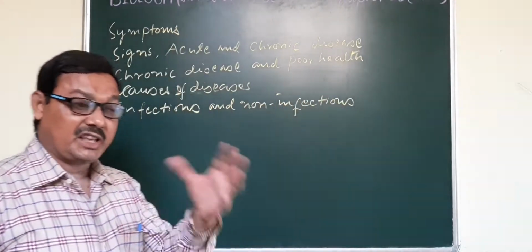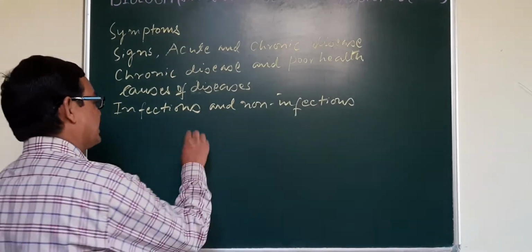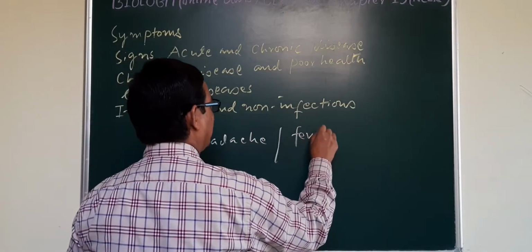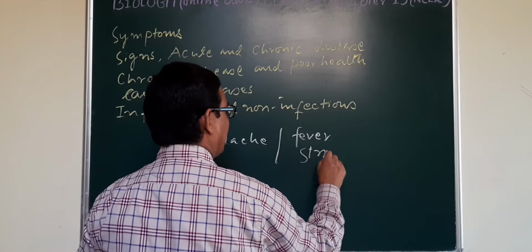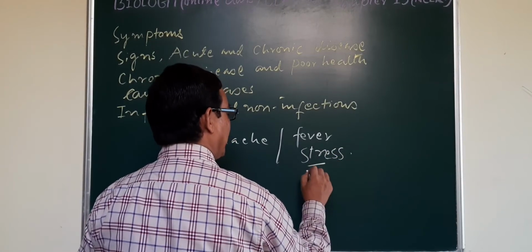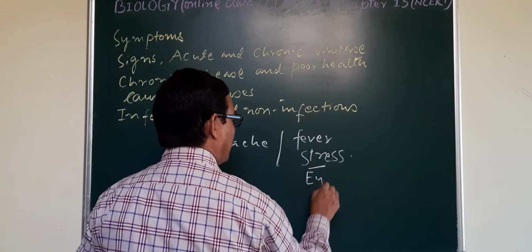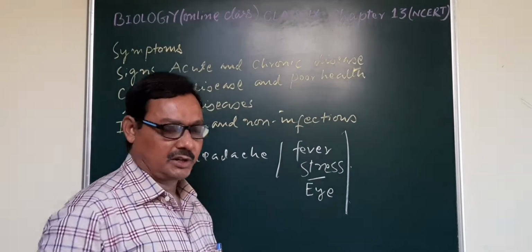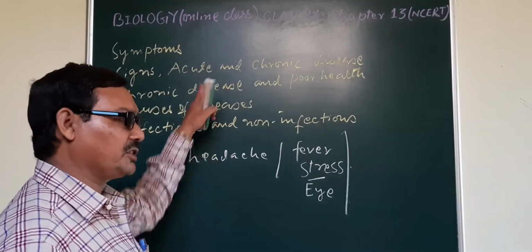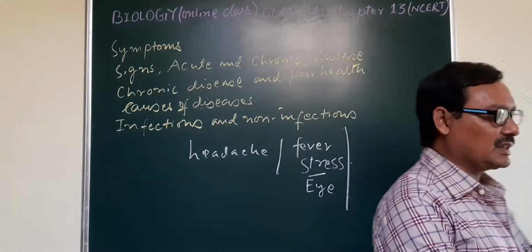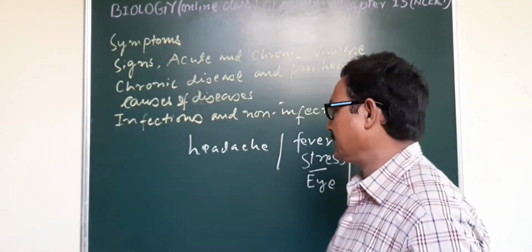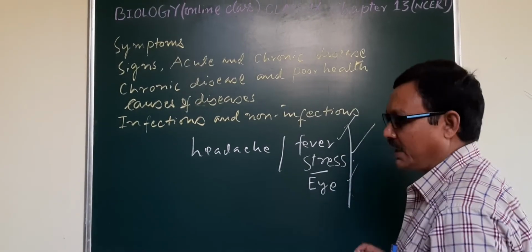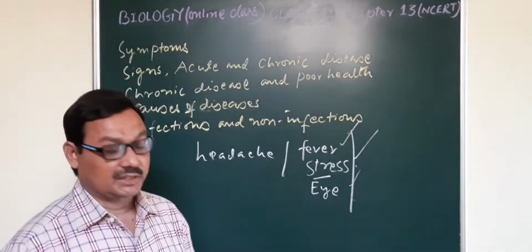The symptom is the headache, but the headache is due to the fever, due to stress, examination stress like for you, or due to some eye problem. How will it be ensured that the symptom manifested by the patient is due to fever, stress, an eye problem, or other reasons?